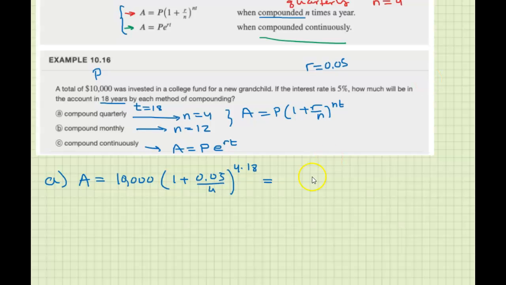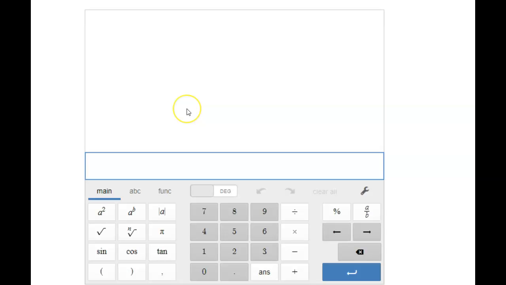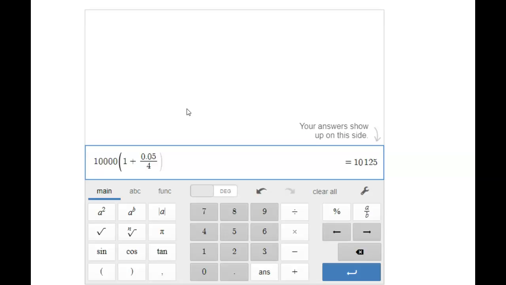So here it is. I want to do 10,000 parentheses 1 plus 0.05 divided by 4, to the power, and I'm going to use my arrow, parentheses again, 4 times 18.